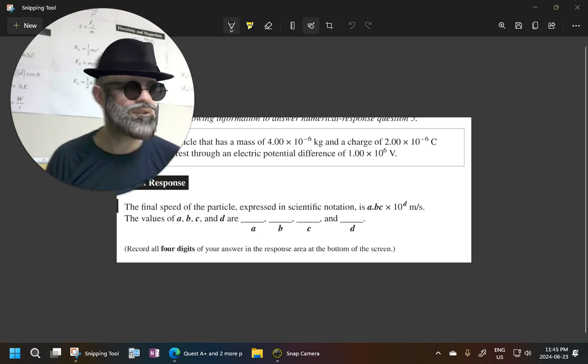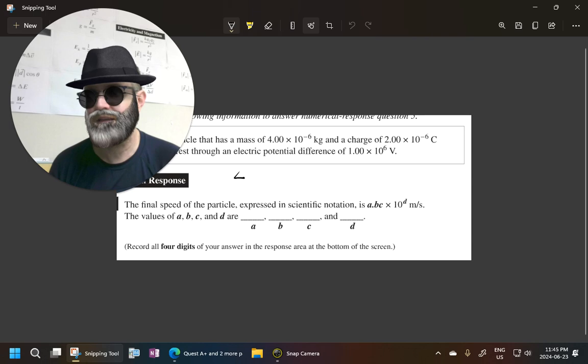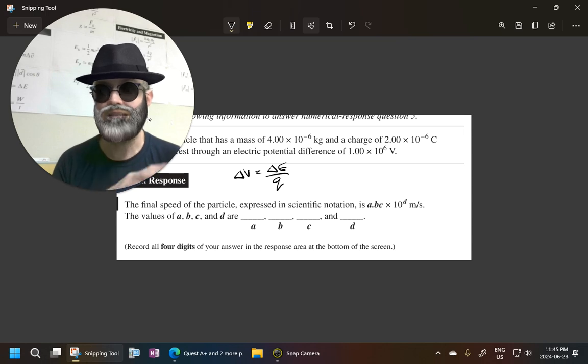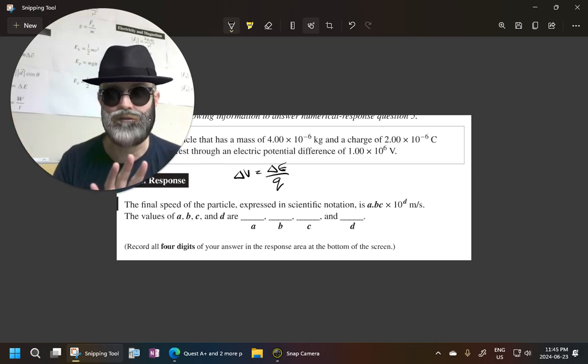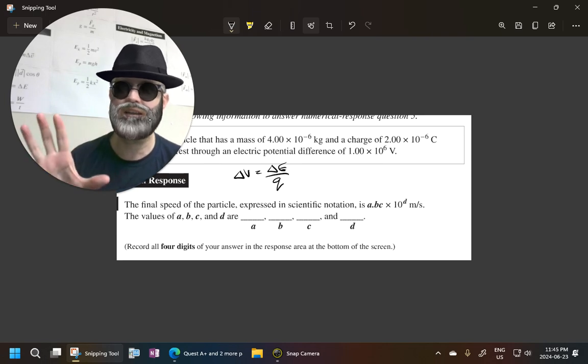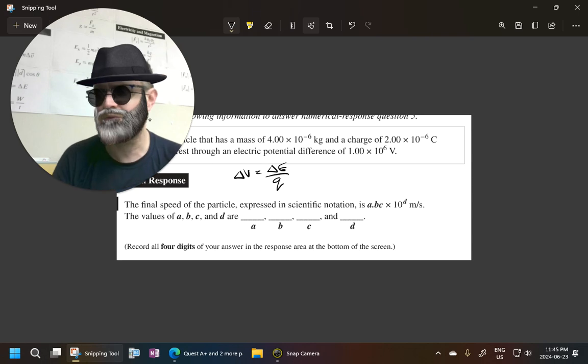That's out of view on my picture here, but it's going to be delta V is equal to delta E times Q. Now remember that delta E is either kinetic or potential, right? Because if one goes up, the other goes down. So it's just the change in the energy because of conservation of energy, the work energy theorem. It doesn't matter which one we're talking about.